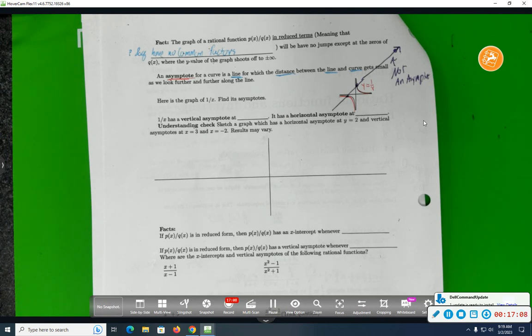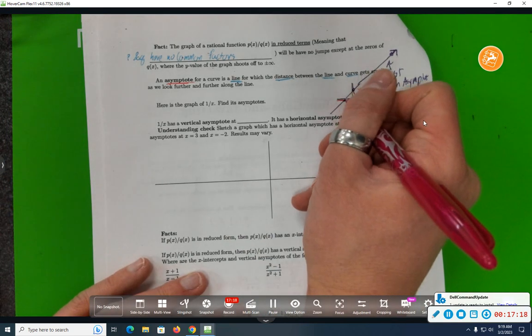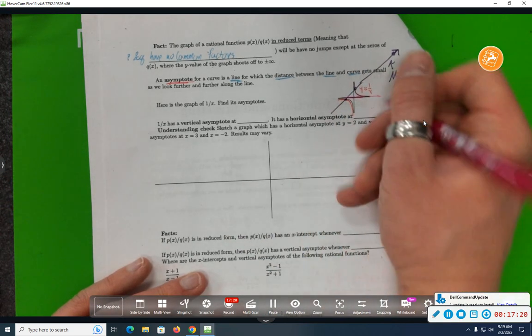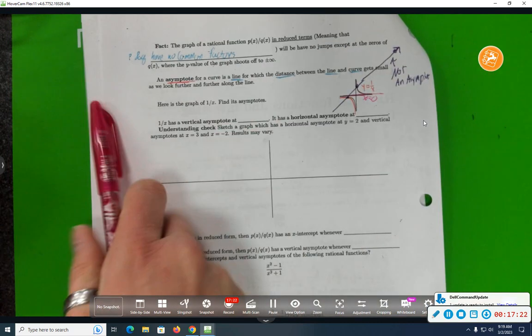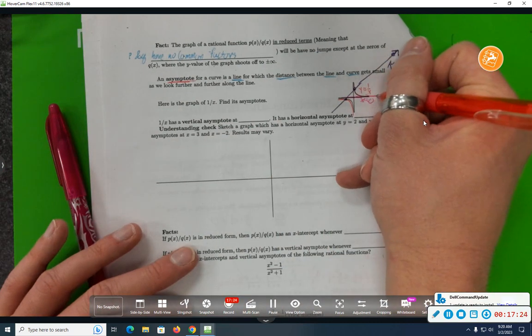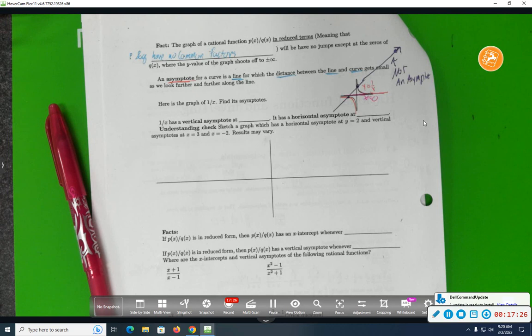Excellent. So what are some lines that it does get close to for values far along those lines? Yeah. X equals 0 and y equals 0. X equals 0 seems to do, and let's draw a picture. There's x equals 0, and 1 over x goes on like that. If you go far enough along, does that line seem to get really close to the graph of the function?